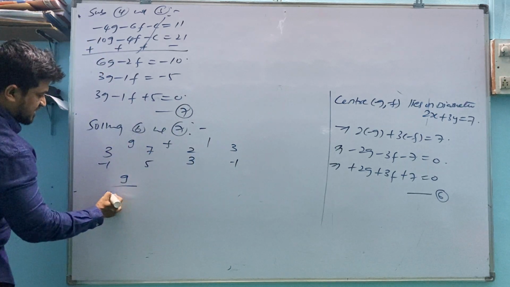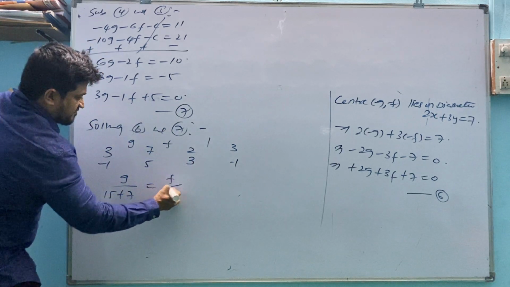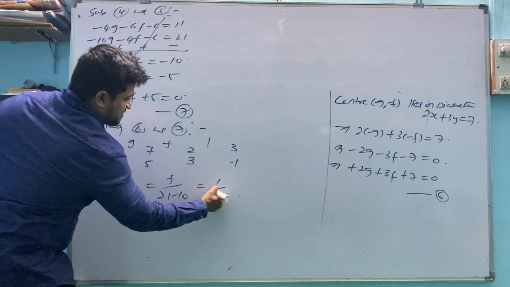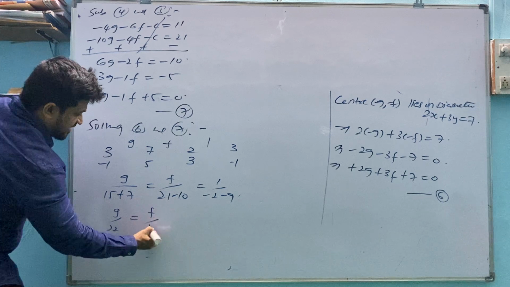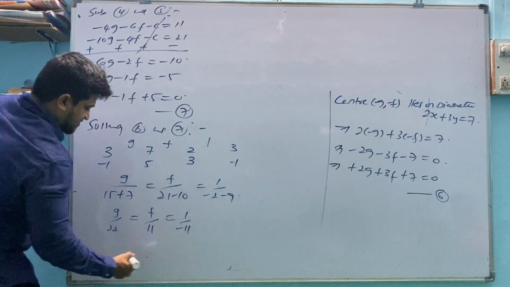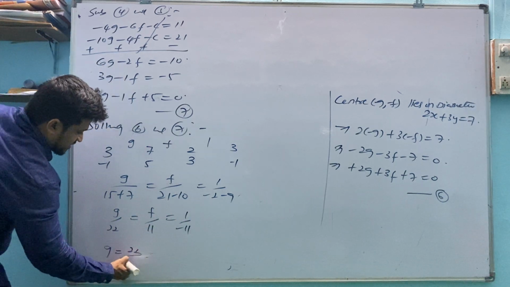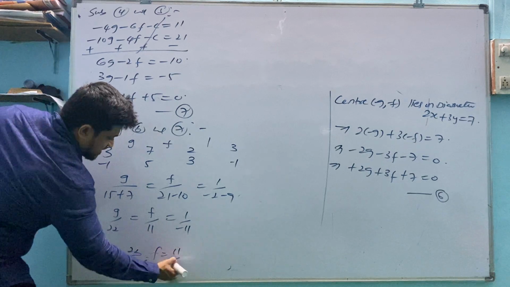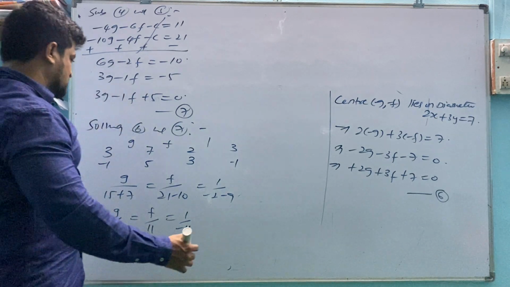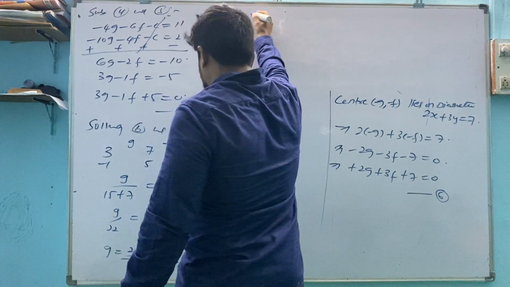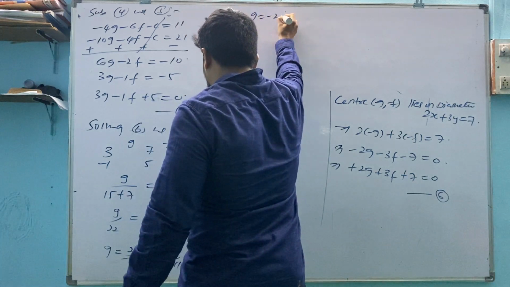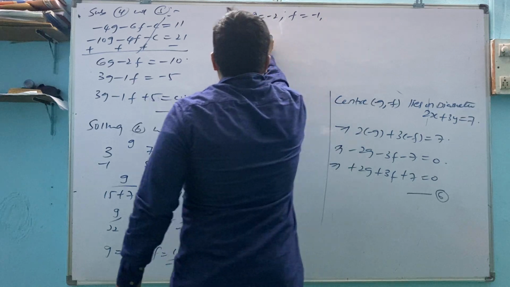g divided by AD minus BC, f divided by AD minus BC and 1 divided by AD minus BC. g by 22, f by 11, 1 by minus 11. So g is equals to 22 by minus 11, f is equals to 11 by minus 11. So we have g is minus 2, f is minus 1.